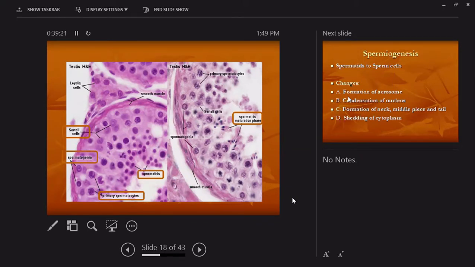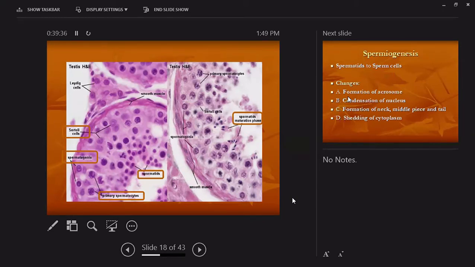And you know that they are spermatids, they are smaller now. The nucleus fills the entire cell, spermatids.